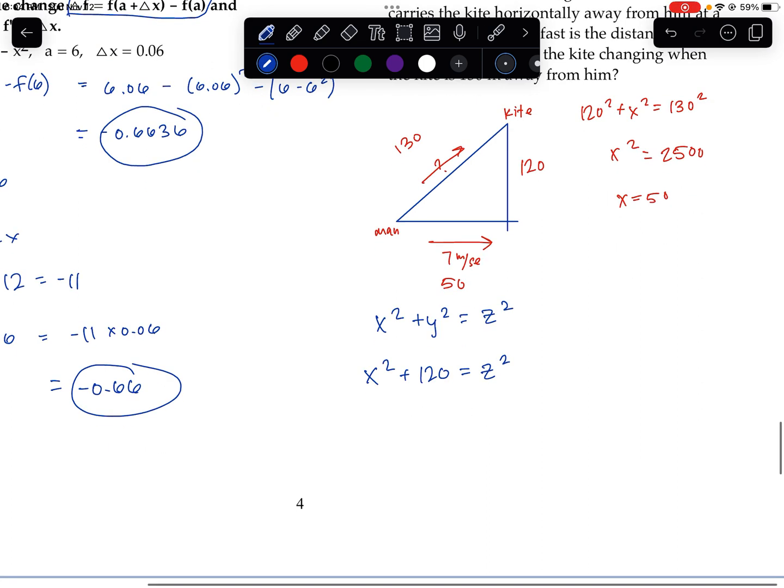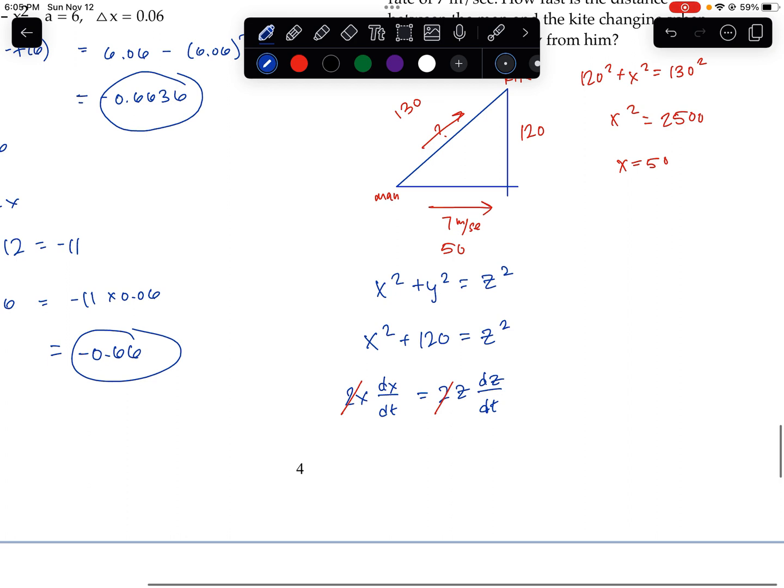If I take the derivative, I get 2x dx/dt equal to 2z dz/dt. We don't really need the constant there, it'll drop out. So x will be 50, dx/dt is 7, z is 130, and dz/dt is what we're trying to find.